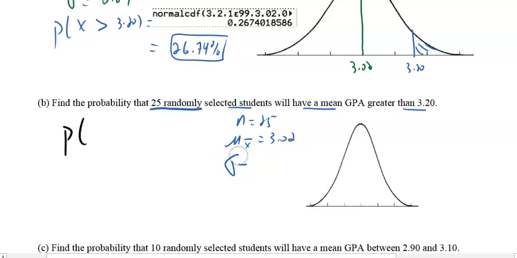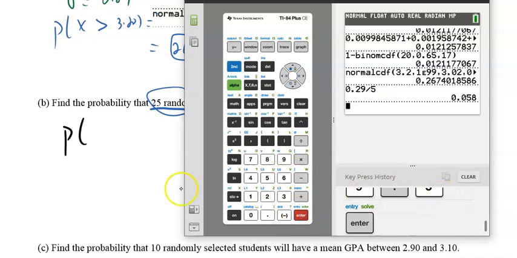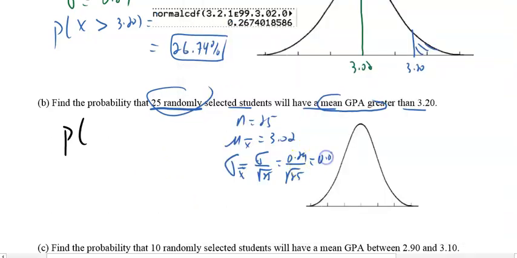However, the standard deviation, since I'm looking for the mean GPA of the 25, I'm going to take to be the population standard deviation divided by the square root of n, which is 25. And this will be 0.29 divided by the square root of 25, which is 5, by the way. So 0.058.